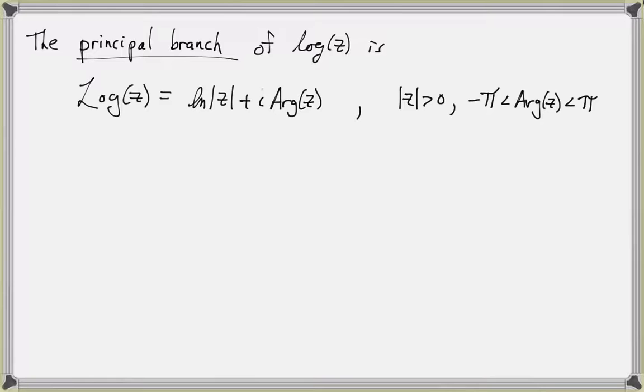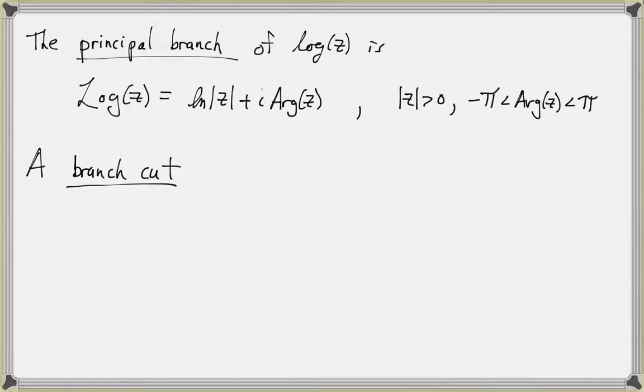This idea of branches leads to another definition of a branch cut. So we see that each one of these branches of the log function are not defined on the ray theta equals alpha. And so that portion of the ray is called a branch cut. So we use branch cuts to define these branches of multi-valued functions.